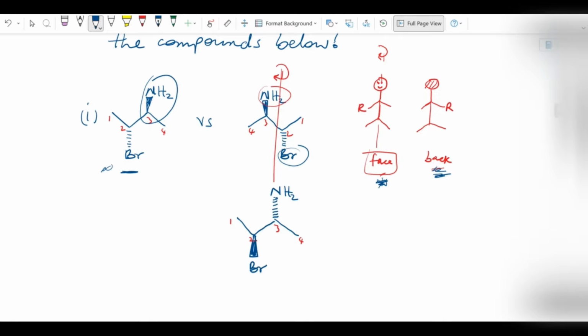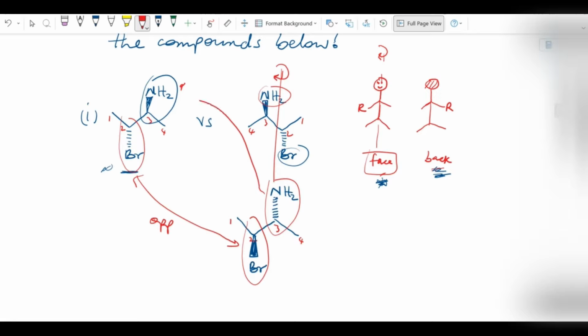So we can now effectively compare the compounds. NH2 is on the right hand here, and bromine is on the left hand here. So we can compare this easily. Now comparing them, this is different. So we have opposite stereochemistry or opposite configuration.